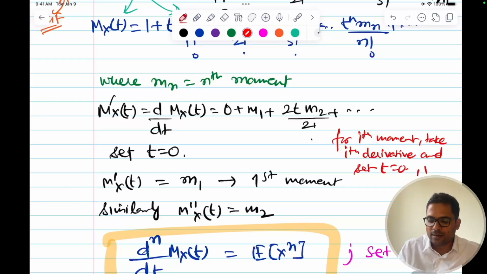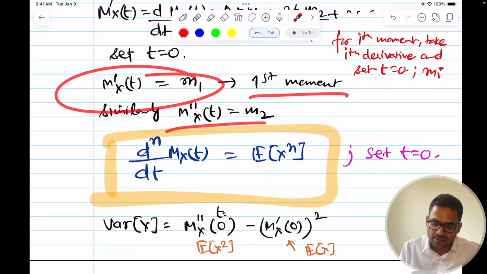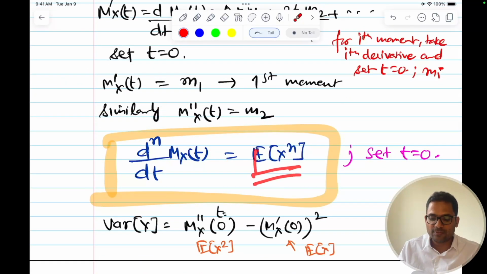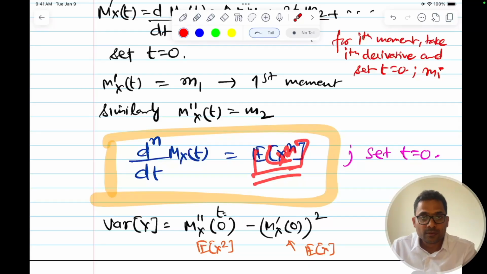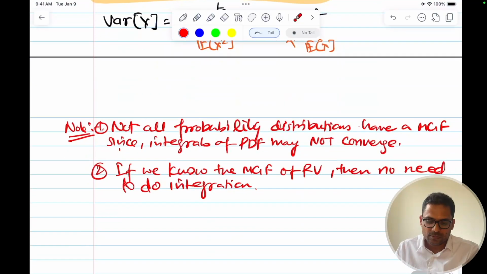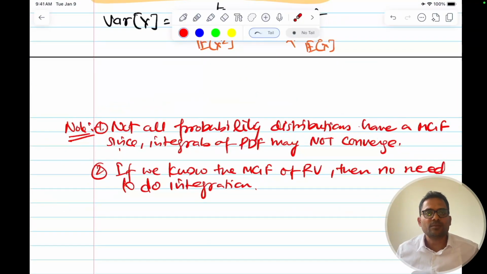We'll get the ith moment, mi. Similarly, we saw that M dash x(t) gives m1, the first moment, then the second moment, and if you differentiate this n times, you will get the expected value of x to the power n, the nth moment, with t set equal to 0.